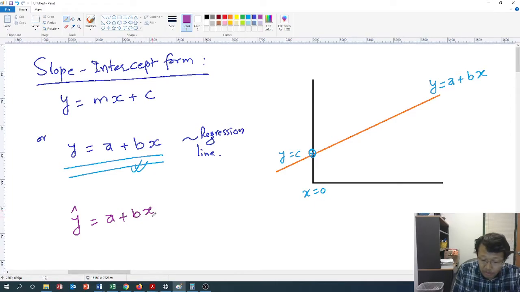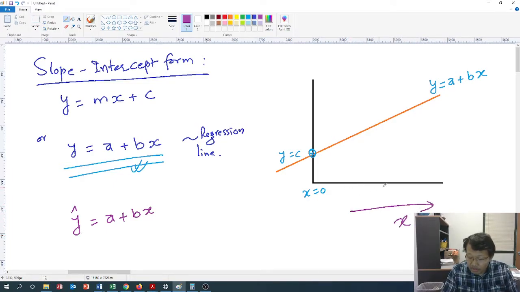All right, where x and y are two variables. Okay, this line will represent the x variable and this line will represent the y variable. And the basic idea of a regression line is to see whether there is any kind of correlation between variable x and variable y.